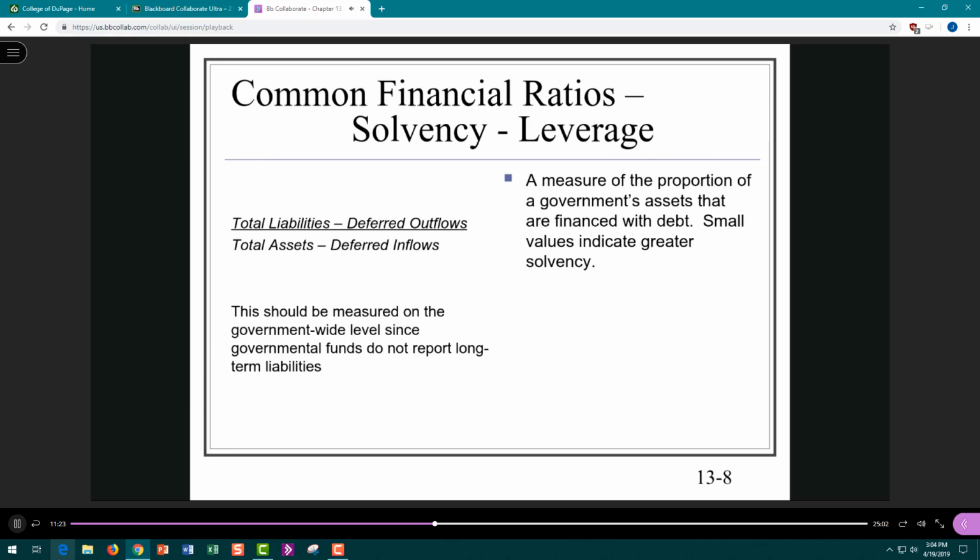Also we have used in the government sector solvency or leverage ratios. This essentially talks about how much of the assets are financed with debt.